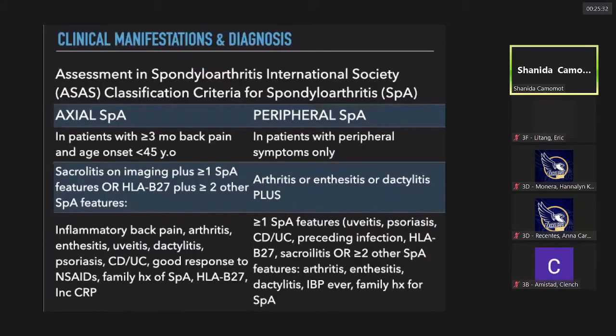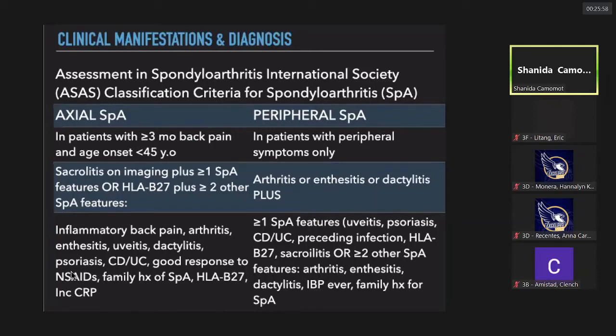Now, this is the classification criteria for spondyloarthritis. We have the axial SpA and the peripheral SpA. So, in axial SpA, patients have three or more months of back pain, and the age of onset is less than 45 years old.